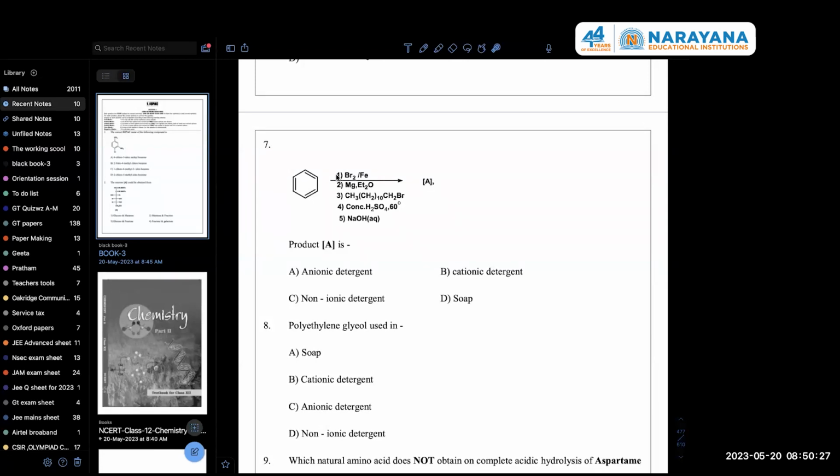A option. Yes, sir. Okay. First, we are getting bromobenzene, then Grignard reagent. So finally, I am having this Grignard reagent MgBr. Grignard is anionic condition that will attack here, release Br.